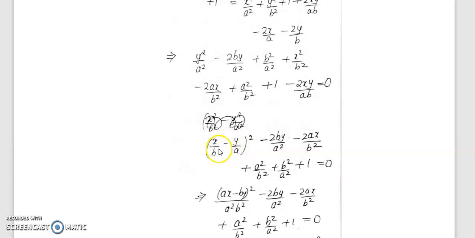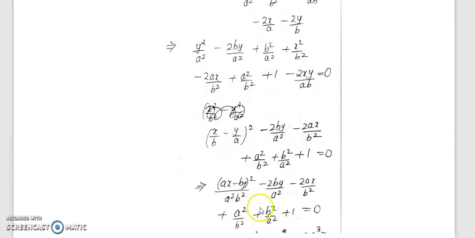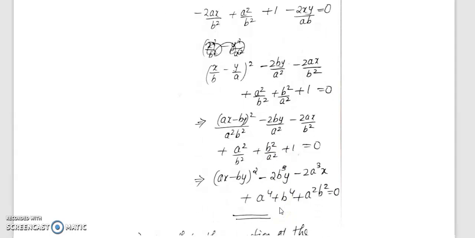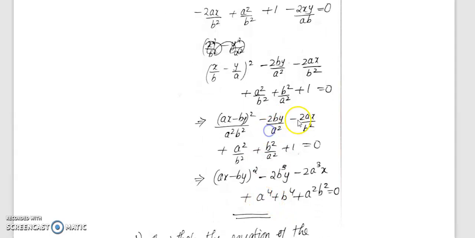So the first term will become (ax minus by) whole square by a square b square. Then upon taking the common denominator, a square b square will be the common denominator. So you will get (ax minus by) whole square minus 2b cube y minus 2a cube x plus a raised to 4 plus b raised to 4 plus a square b square equal to 0. So this is the required equation of the parabola.